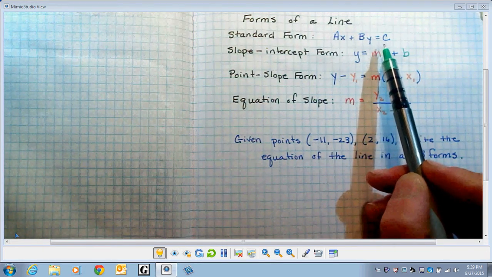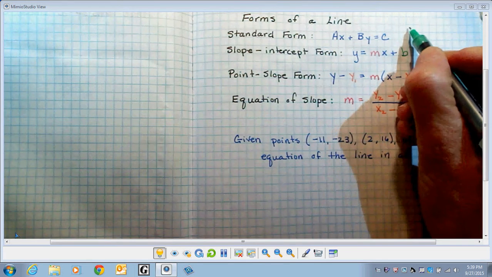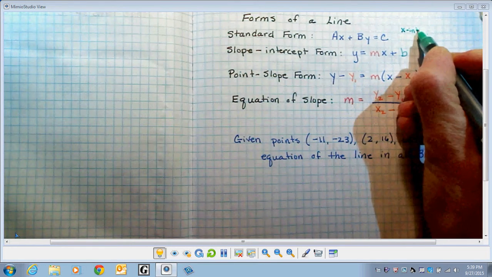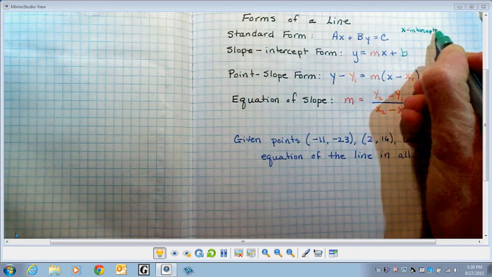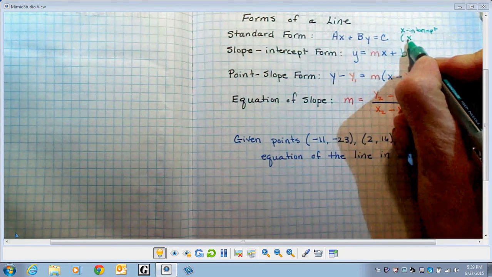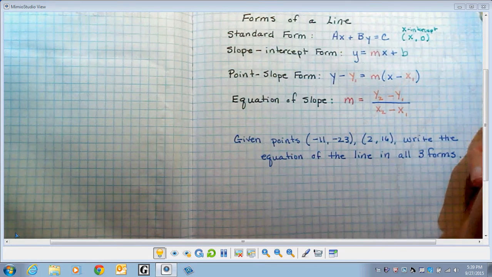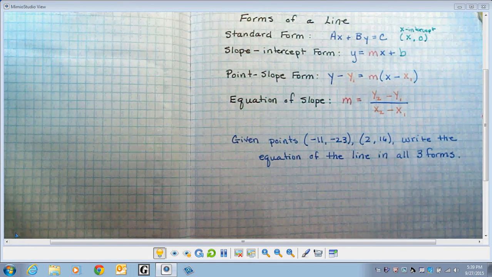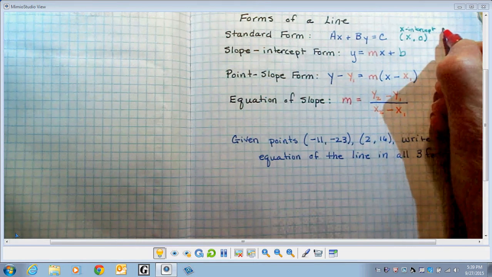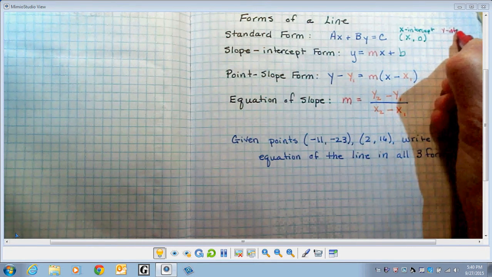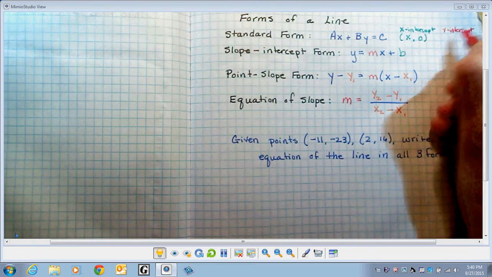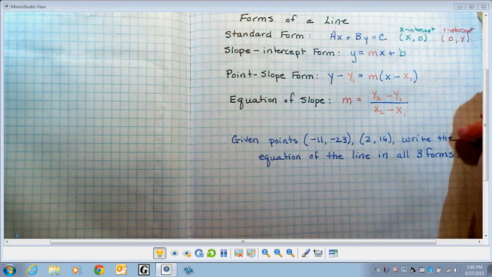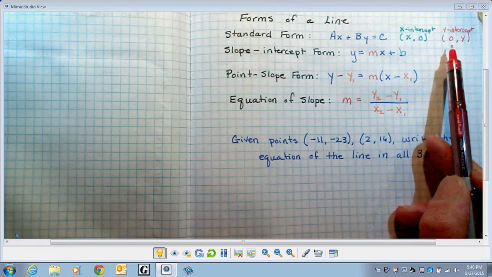So something that you may want to keep in mind is when you think of x-intercept, that means we're looking for x and y has to be 0. When we're looking for y-intercept, that's where we're looking for y and x has to be 0.